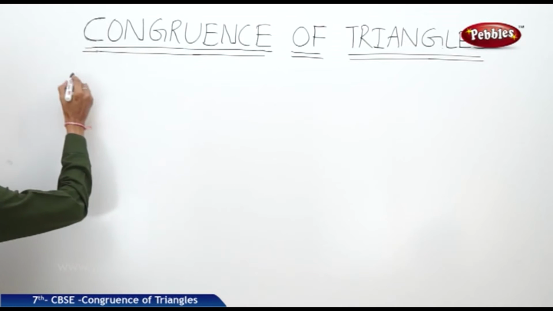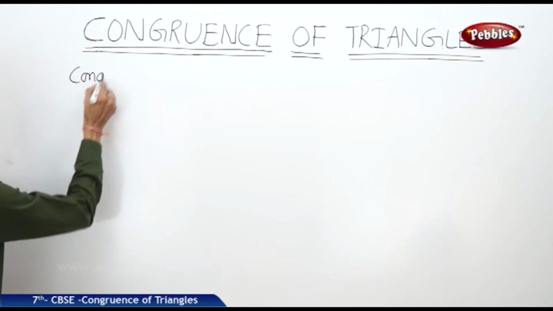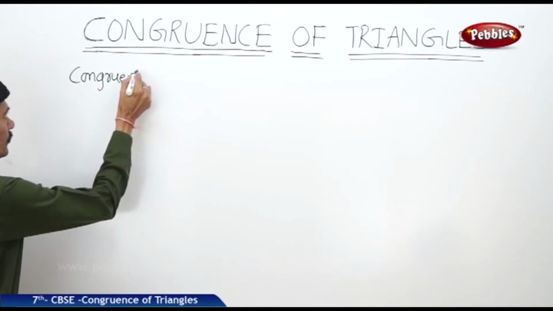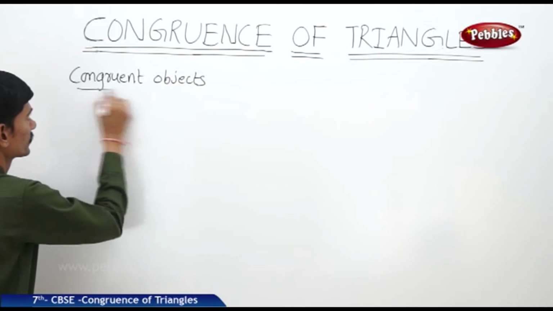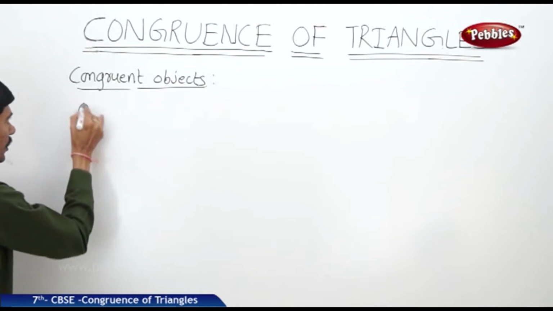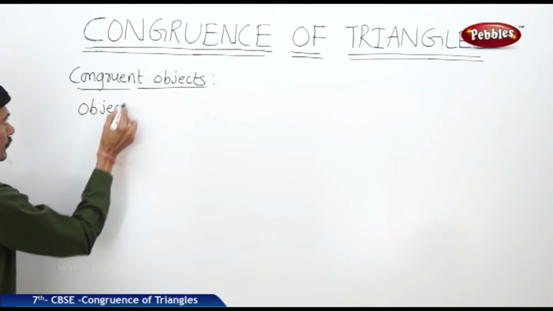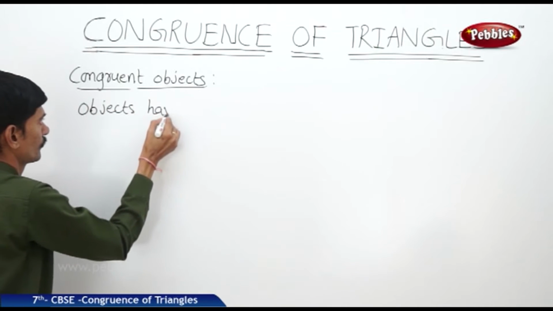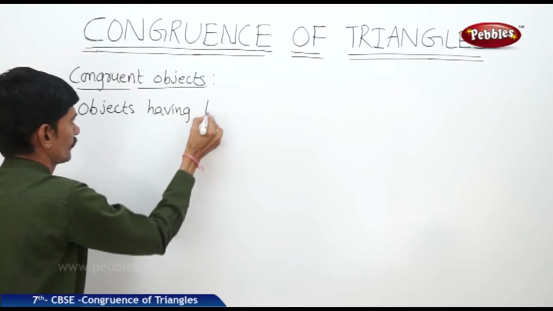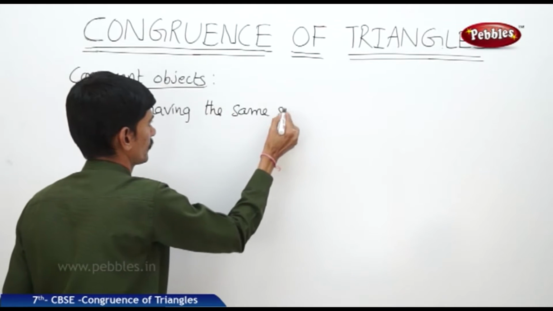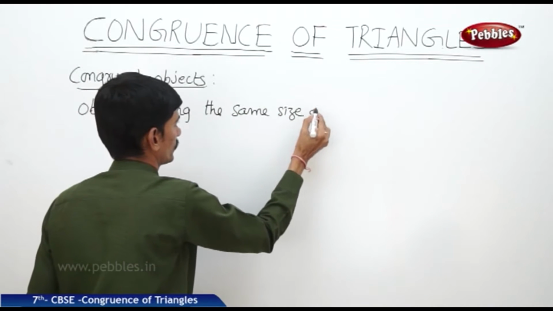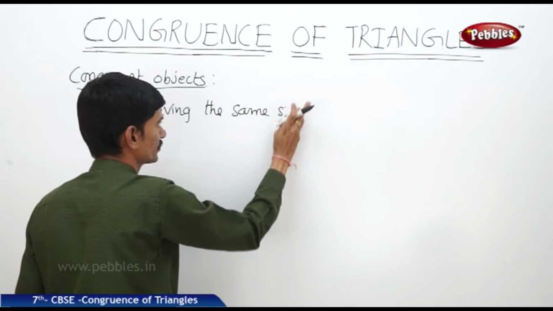Now we can define congruent objects as the objects having the same shape and the same size.